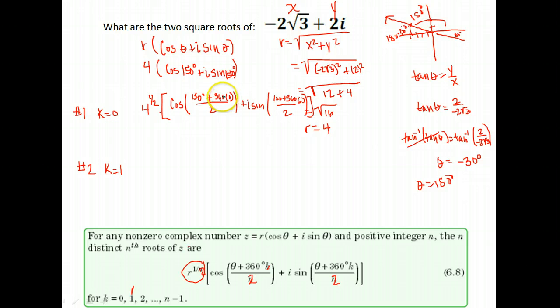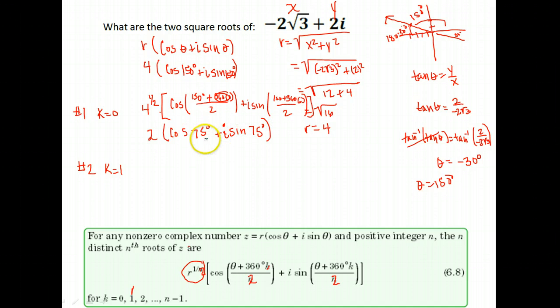Well, 360 times 0 is just 0, plus 150 gives me 150, and then we divide by 2. So we get the square root of 4 is 2, cosine 75 degrees plus i sine 75 degrees.